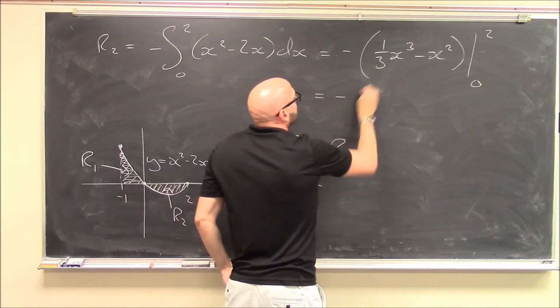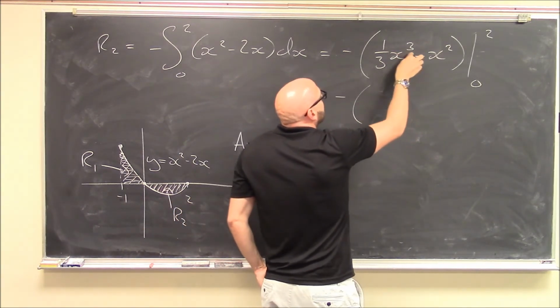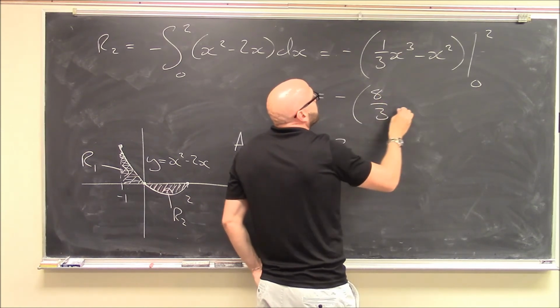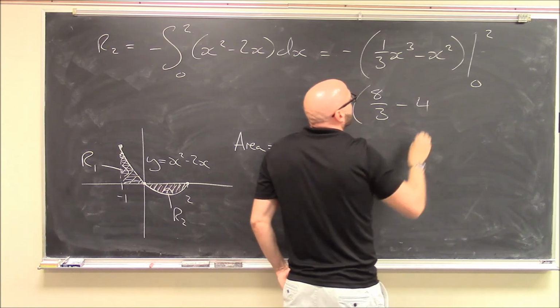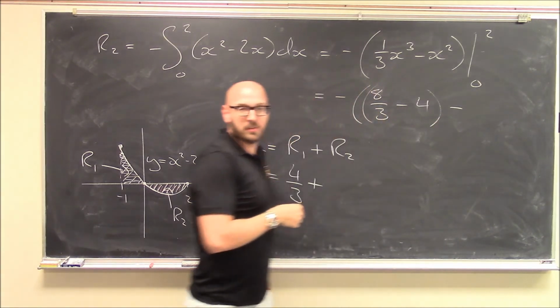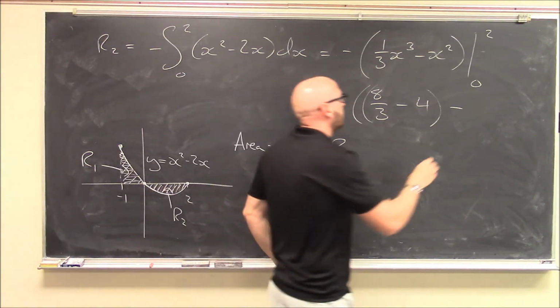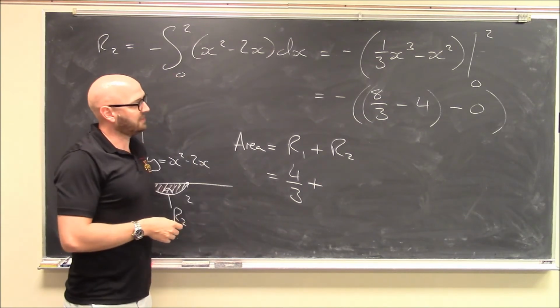So this will be minus, and now we'll plug in these numbers. 2 will be 8/3 minus 2 squared is 4. Minus, what do you get when you plug in 0? Just 0. Lots of brackets here to make sure all the minuses distribute properly.